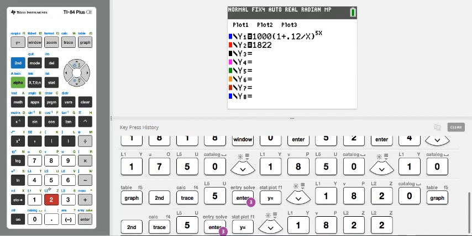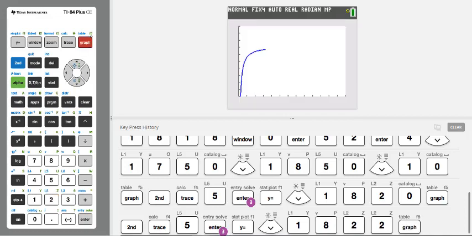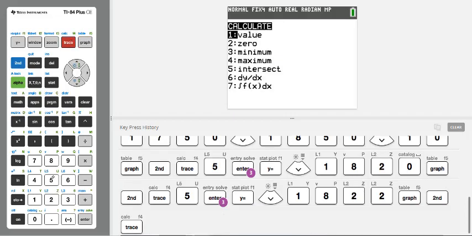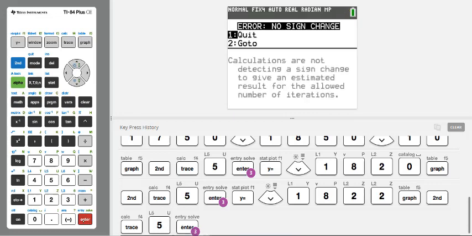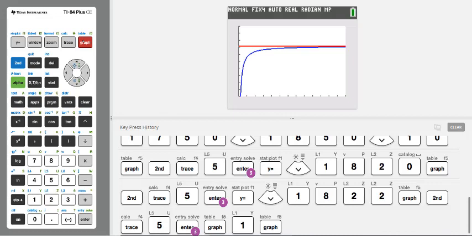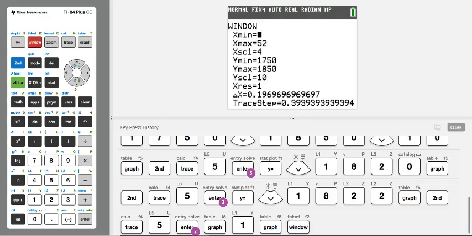This is to get these amounts out. So what does my compounding need to be? Let's go second, trace. Maybe it hit it, since it told us to look out there. Let's hit graph. We need to open up the window a little bit, so instead of 52, let's go 152.